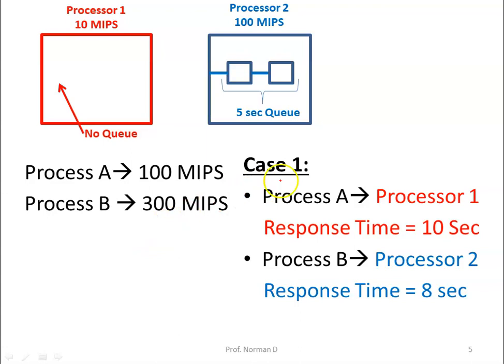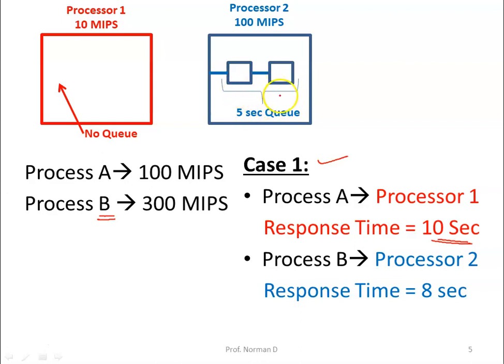Now let's consider case 1. We assume that process A is executed on the first processor, which runs at 10 million instructions per second. So the response time in this case will be 10 seconds. And we assign process B, that is 300 million instructions, on the second processor, which runs at 100 million instructions per second. But here there is a queue which will take 5 seconds to clear.